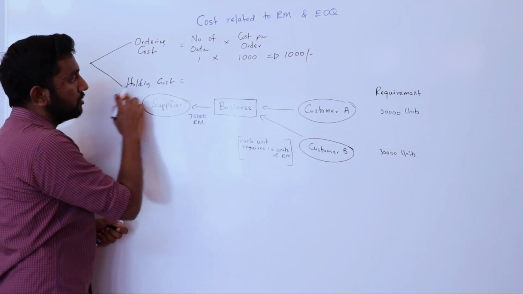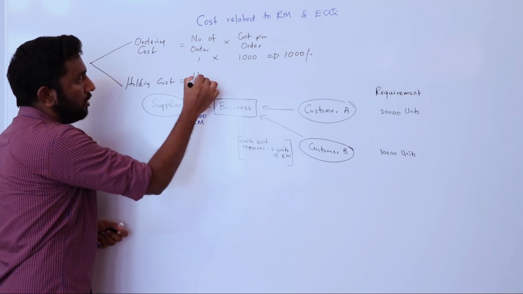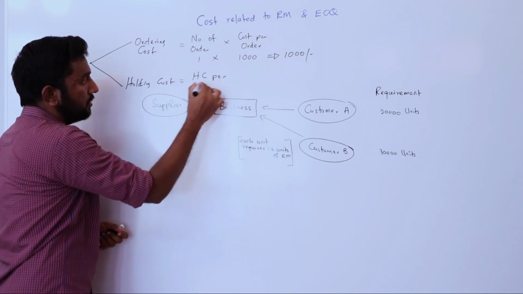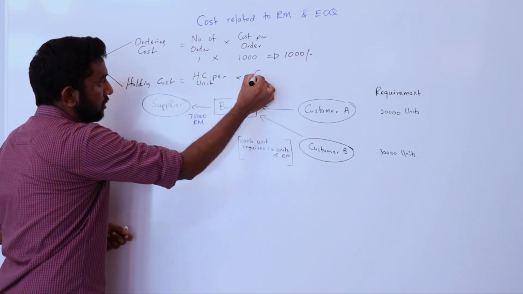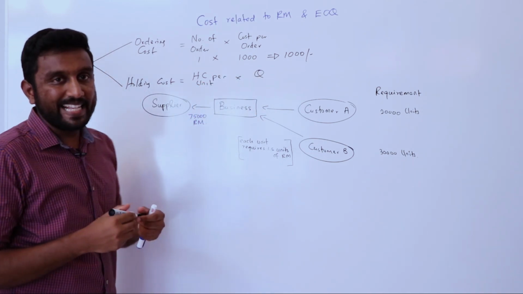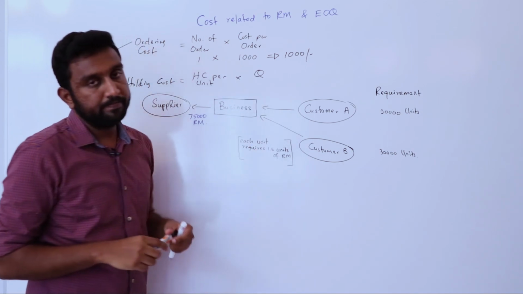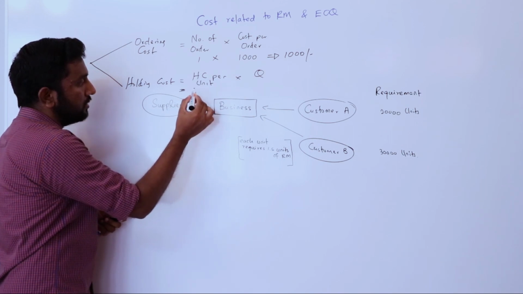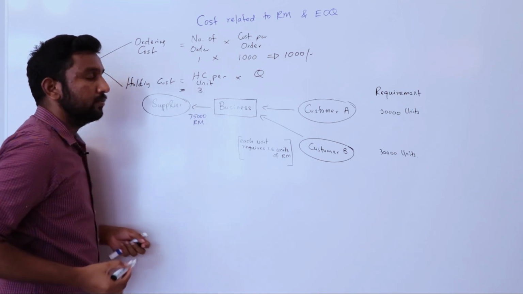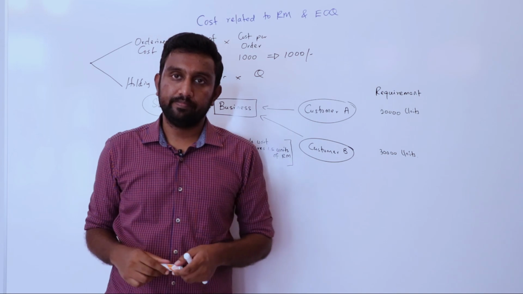So the holding cost equals holding cost per unit into Q. I'll explain this Q later. Let's assume my holding cost per unit is 3. Per unit it costs 3 rupees.